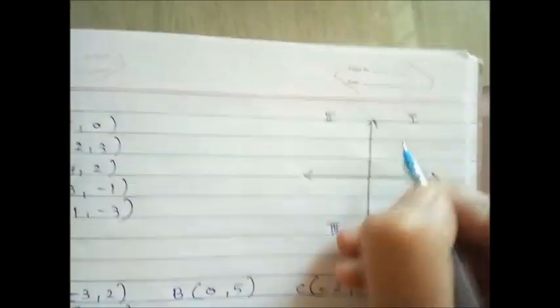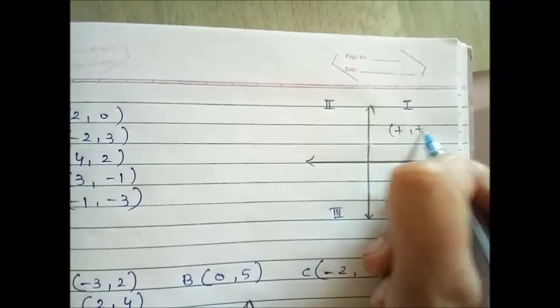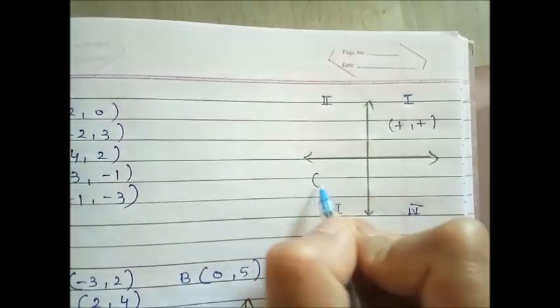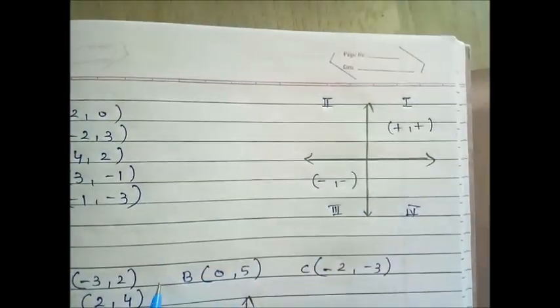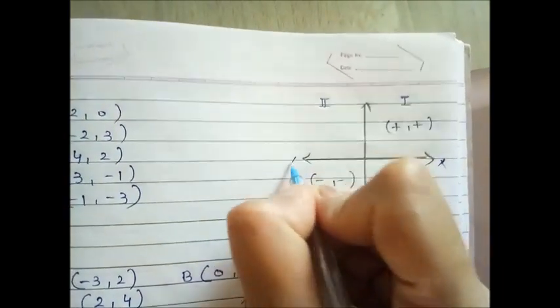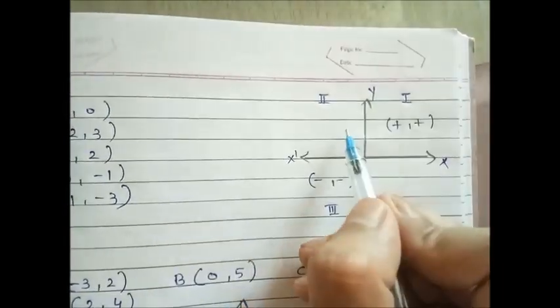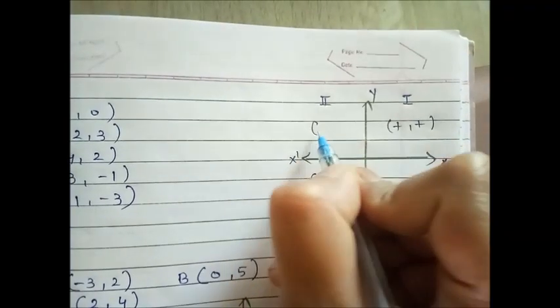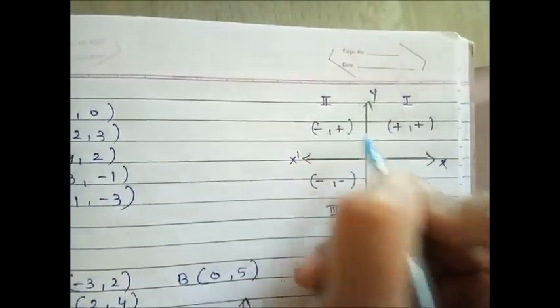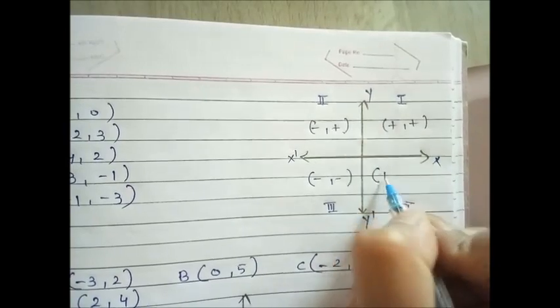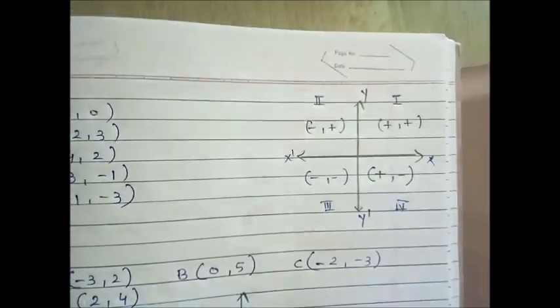We know that in the first both are positive, and opposite of that, in the third both are negative, right? This is our x and x dash, this is our y and y dash. In the second, x is minus and y is plus. Opposite of this, x is plus and y is minus.